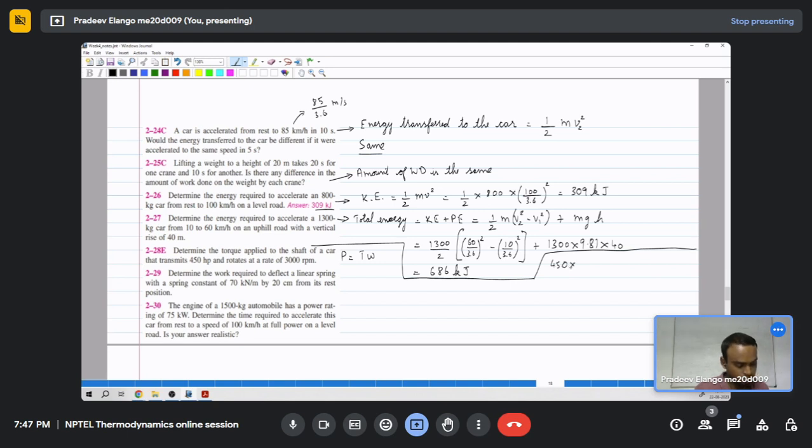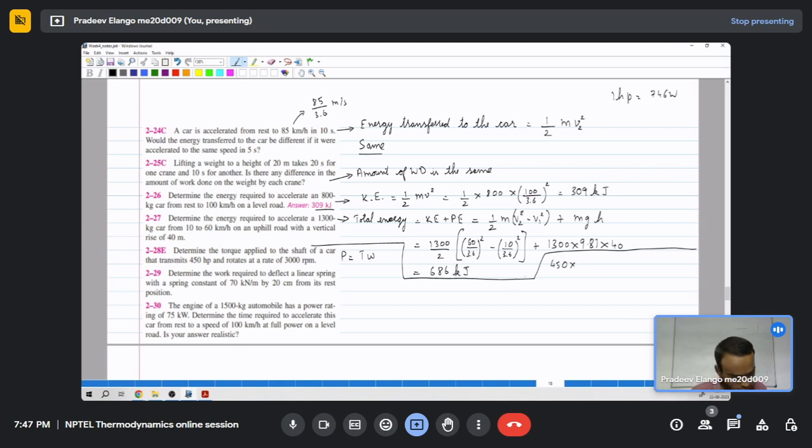To convert this into kilowatt, we have 1 HP is equal to 746 watts.